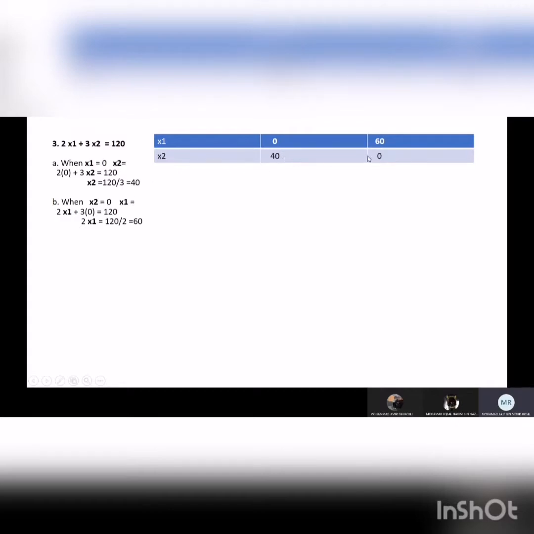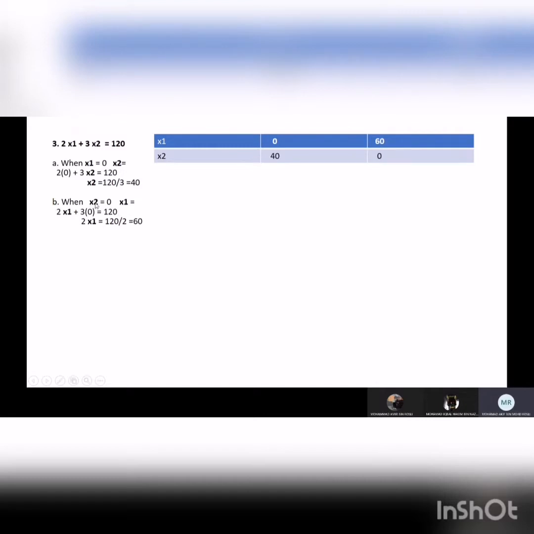And the next step is we put 0 at the x2 second column, and we want to find the x1 second column, which is the last point for the graph plotting. As you can see, when x2 equal to 0, 2x1 plus 3 times 0 equal to 120.